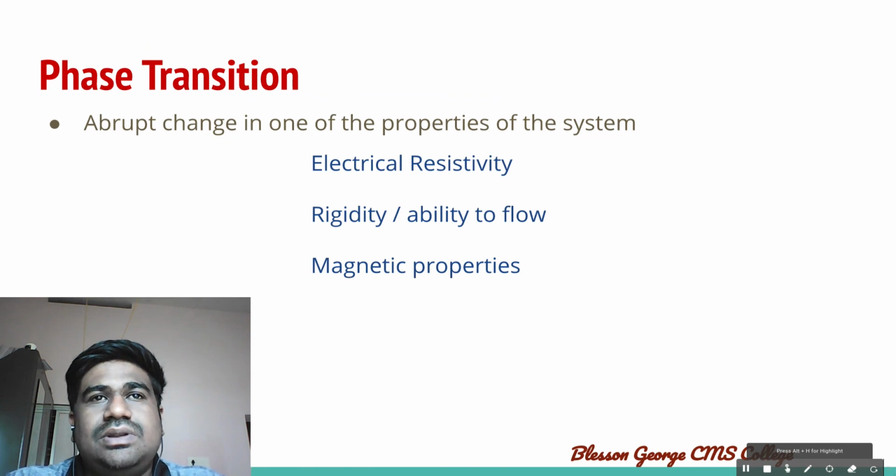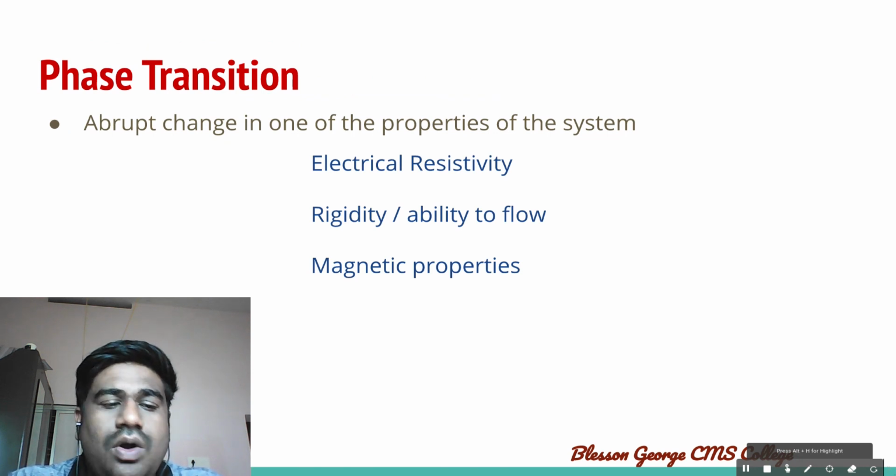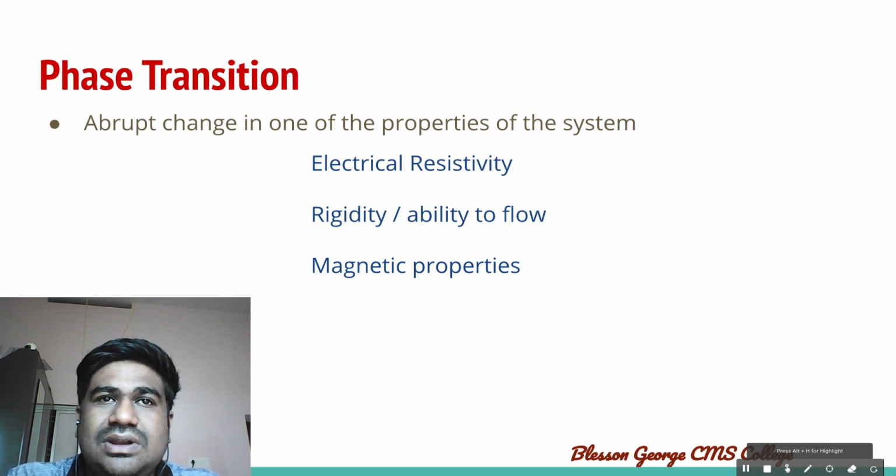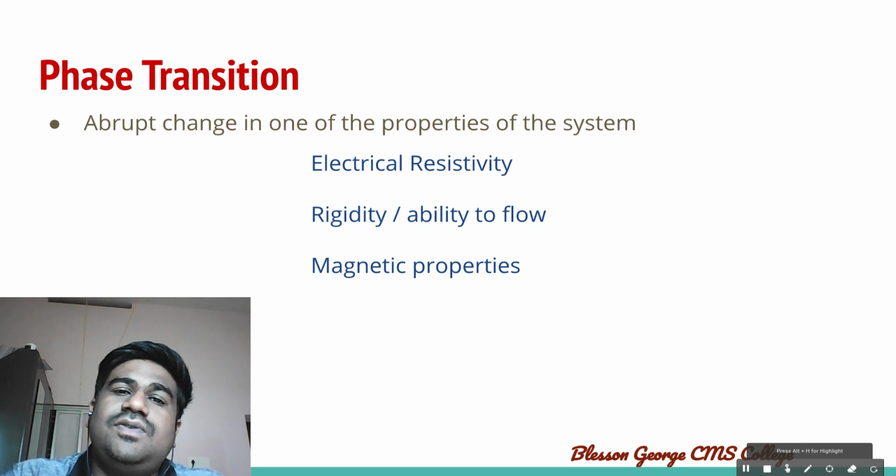For example, if we change from an ordinary material to a superconducting material, we know there will be a sharp change in the electrical resistivity. One has a resistivity, and at the critical temperature, it has zero resistance. So resistance has a sharp jump, a sudden change. Similarly, a liquid has the ability to flow.